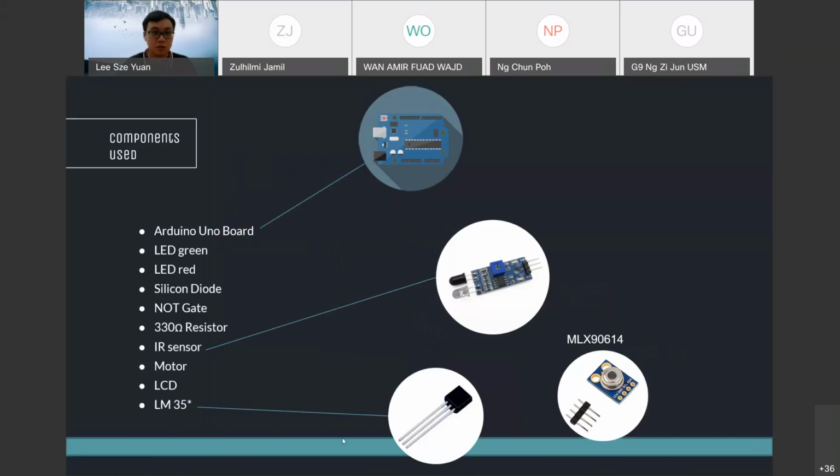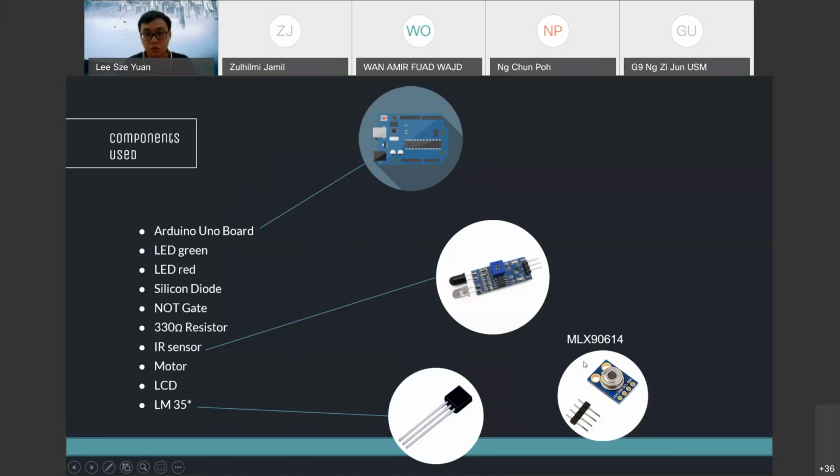Next are the components we use. Mainly we use the Arduino Uno board as the motherboard, LED, a silicon diode, a NOT gate, a resistor, and the IR sensor, shown here. Also a DC motor, an LCD, and an LM35. But this is not the most suitable sensor we should use.